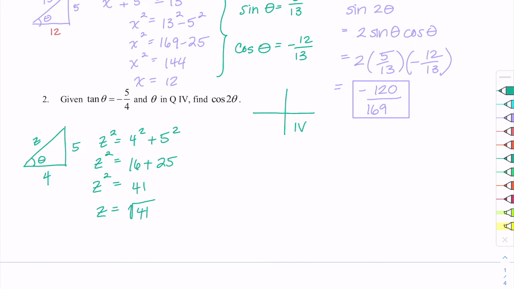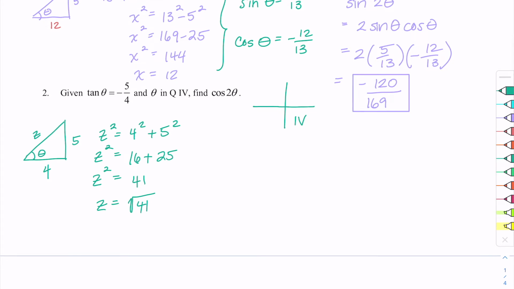So, since the tangent is negative and we're in quadrant 4, we know that the cosine is going to be positive.